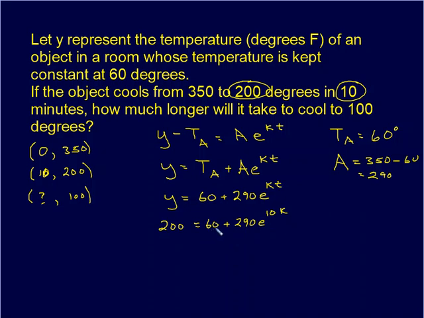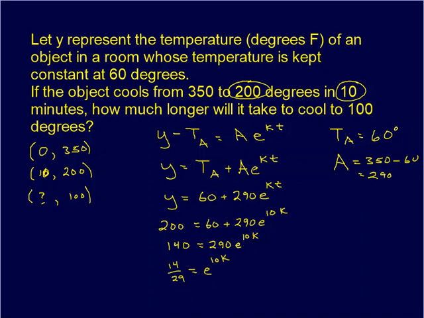So we'll subtract 60 from 200, and it'll make 140 equals 290 e to the 10k. We'll have to divide by 290. The only thing I'm going to do to reduce it for now is divide out by 10. So it'll be 14, I'm going to leave that as 14/29, equals e to the 10k.